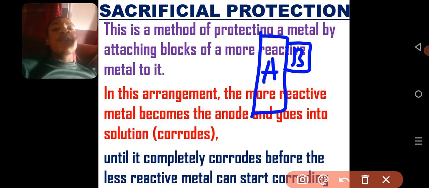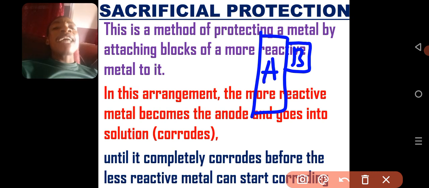So when you attach two blocks of different metals together, the less reactive metal will be the cathode, the more reactive metal will be the anode. Now, because the anode is more reactive, the anode is more likely to corrode than the cathode.